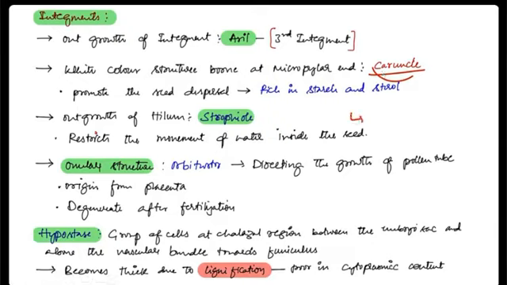There can also be an outgrowth of the hilum, called strophiole, which has a function to restrict the movement of water inside the seed. And we have a structure called obturator, an ovular structure which directs the growth of the pollen tube. It originates from the placenta and eventually degenerates after fertilization.